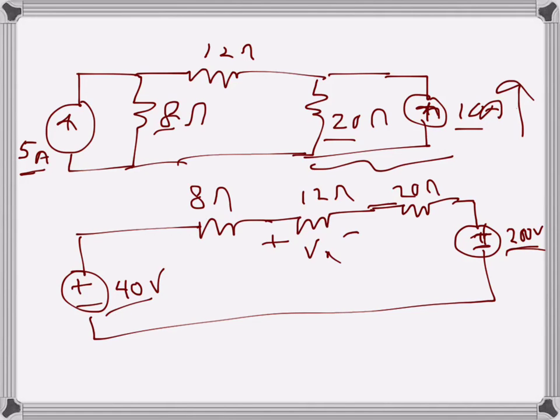But they are acting in opposition, so the current in the circuit will flow in this direction, we can see that.